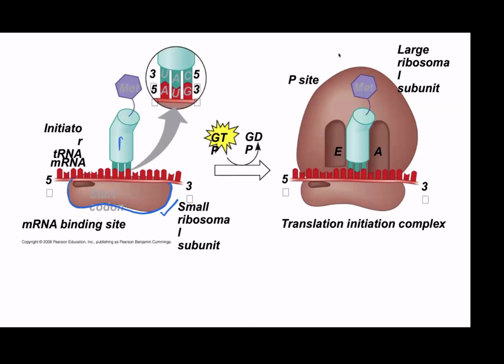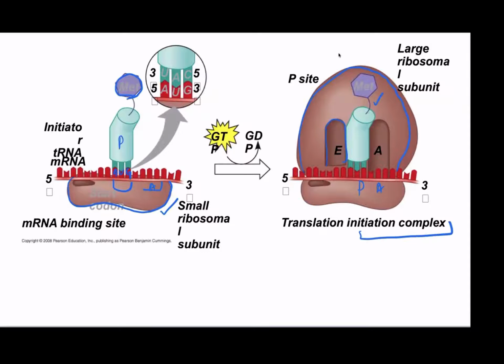This is your P site, and this is the A site. This is AUG, and methionine is the first amino acid. This is the anticodon interaction. Then the large subunit comes and sits A to A, P to P, and the E exit site is present only on the large subunit. They make this complex, we call it the initiation complex.